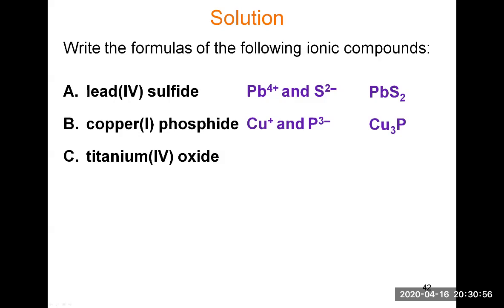So 3 positive charges from the coppers cancel the 3 negative charges on the phosphide, and that's a neutral formula.